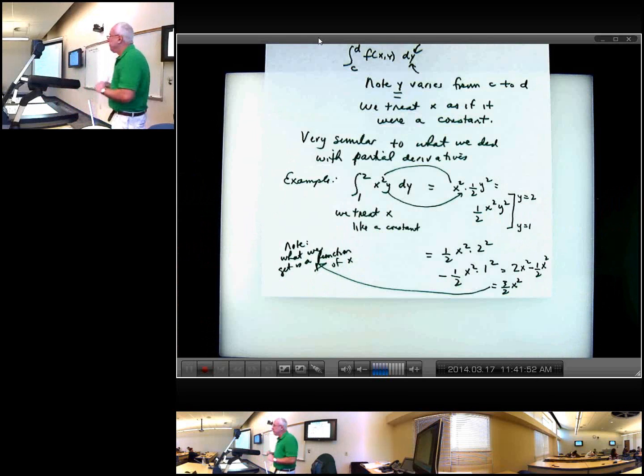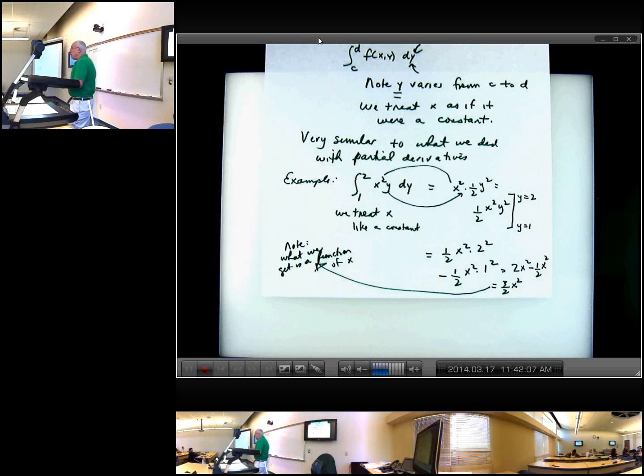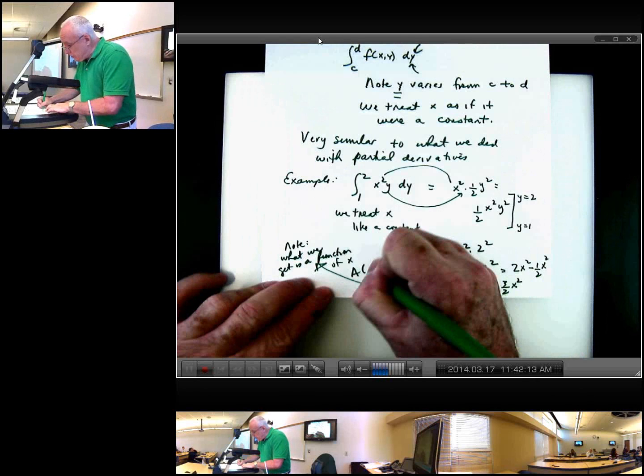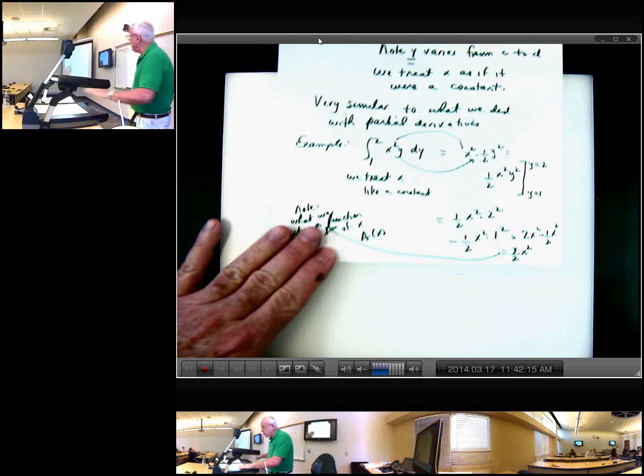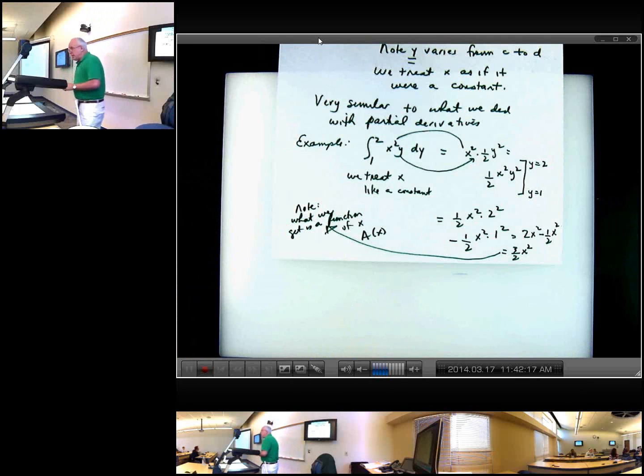All right. Because when we normally did antiderivatives, we got a number, right? We plugged in, got the number on top, minus the number on the bottom, we got a number. This time we've got that x hanging around that we cannot plug into, so what we get is a function of x. And the book uses this as our notation, capital A of x, as our noting the answer.